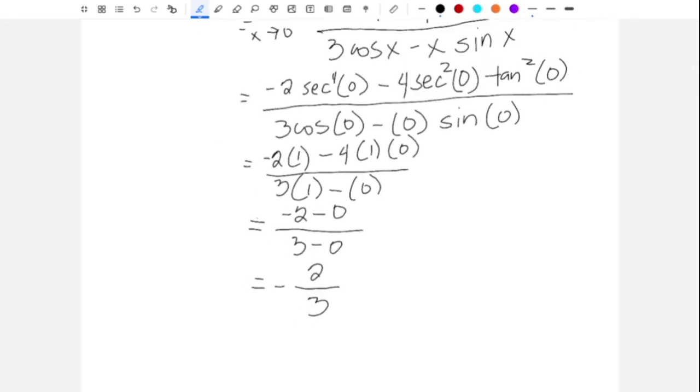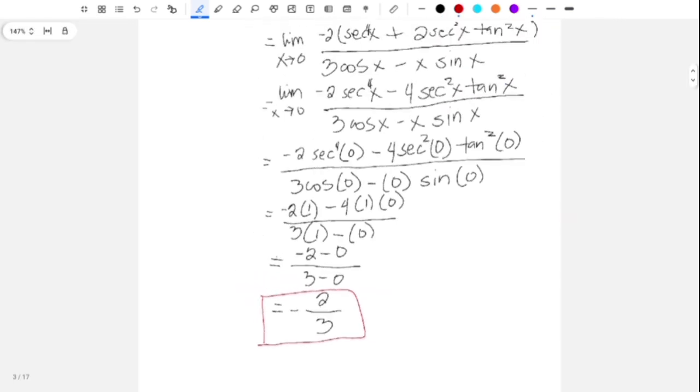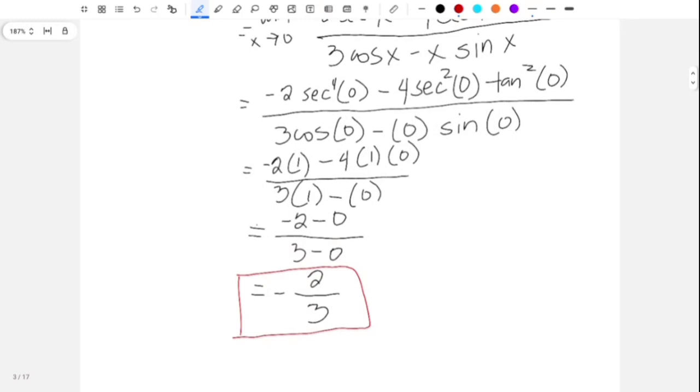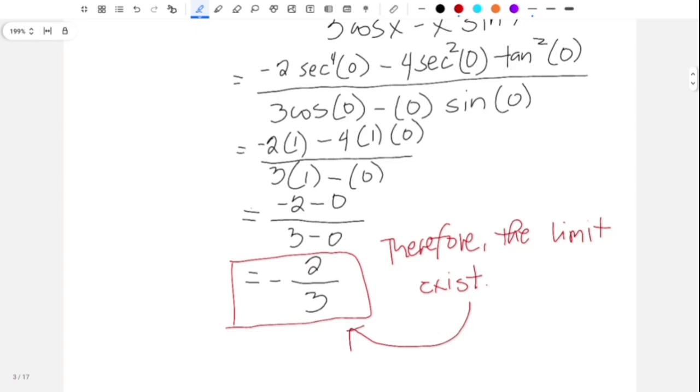Therefore, we get the value of negative 2 thirds, and that is our answer. Finally, having gotten the value negative 2 over 3 for item number 1, the conclusion here will be: therefore, the limit exists, which is equal to negative 2 over 3.